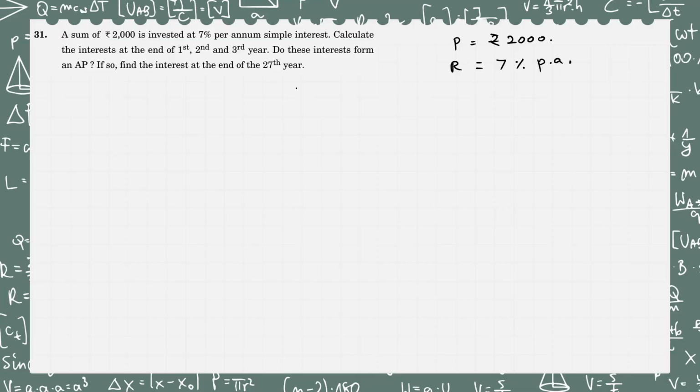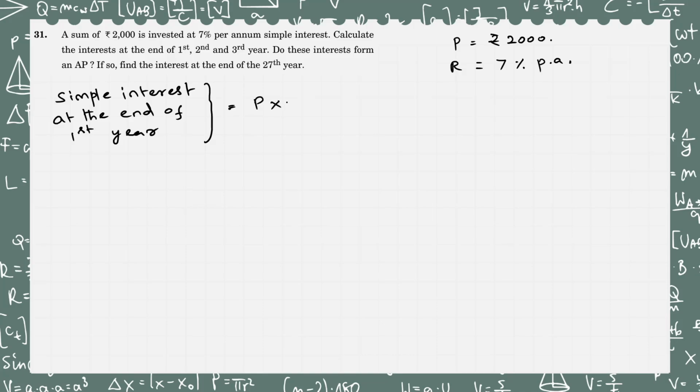This is simple interest. Okay, so for 1 year we are going to find out. So simple interest at the end of first year. So the time period is basically 1, right? So that will be P into R into time divided by 100.